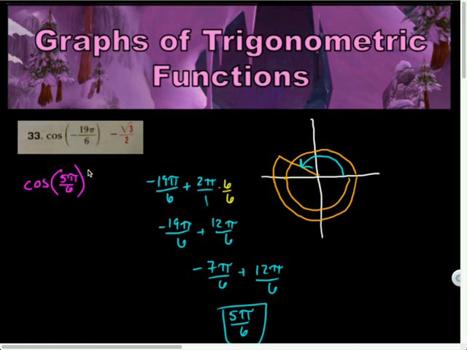So now I'm going to find the reference angle and figure out whether or not cosine is positive or negative. So in this quadrant, what is cosine? Negative. Right, because cosine is positive here, negative here, positive there. So cosine is negative in that quadrant, and the reference angle would be how much in radians?